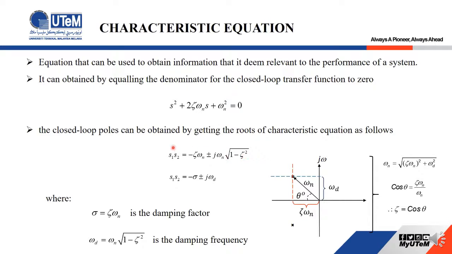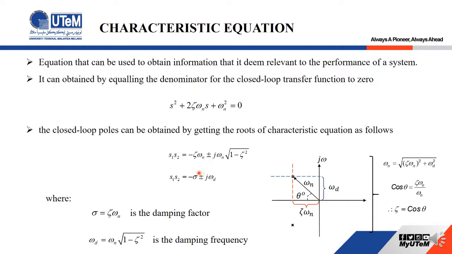This equation can be simplified like this, where s1, s2, meaning pole number 1 and pole number 2, equal negative sigma plus minus j omega d.